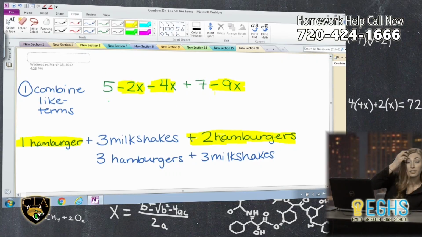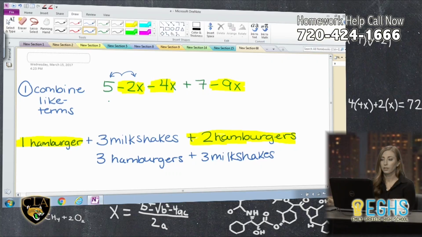The other thing I've noticed that is a misconception, or maybe a point of confusion, is the negative sign. The question is, does it go to the 5, or does it go to the x? It always is in front of whatever it goes with. So we're going to put together negative 2x, negative 4x, and negative 9x.